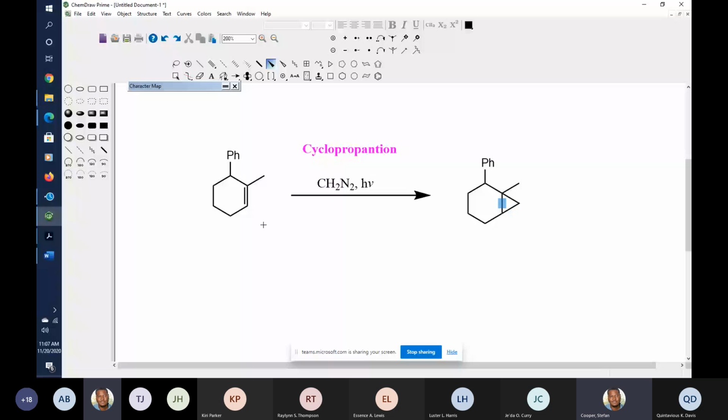If you think about the questions, what atoms are adding in? That carbon here, let's make this in red really quickly. This carbon is being added.